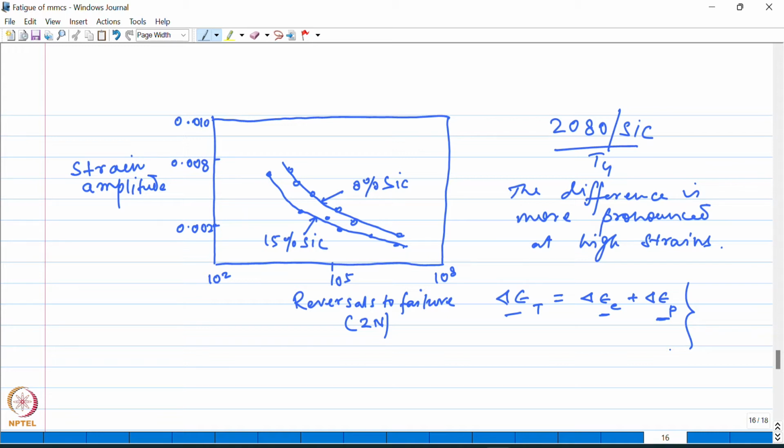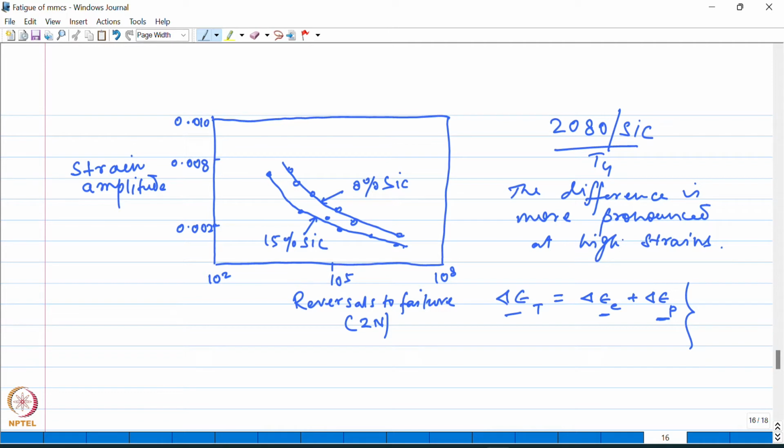So this increased plastic strain will dominate the fatigue damage in the composite material, leading to a lower fatigue resistance in the composite.